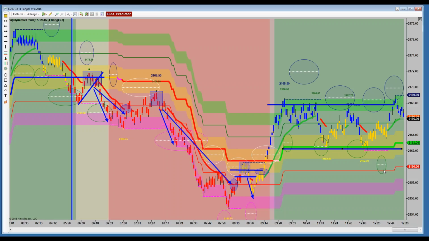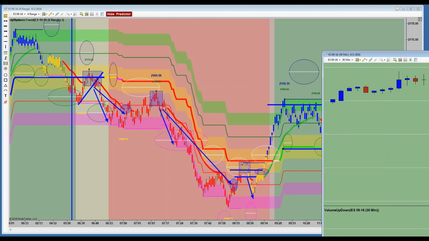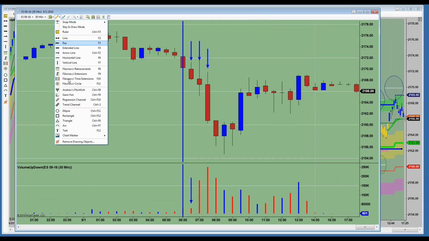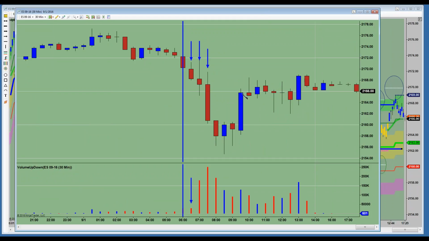Now let me show you something here, and this is sort of a continuation of what I was showing before. Now granted, this is really choppy in here. This afternoon got really choppy on ES, but after the sell-off program's finished and Wall Street gets back from its four-martini lunch, what do we think happened right here?